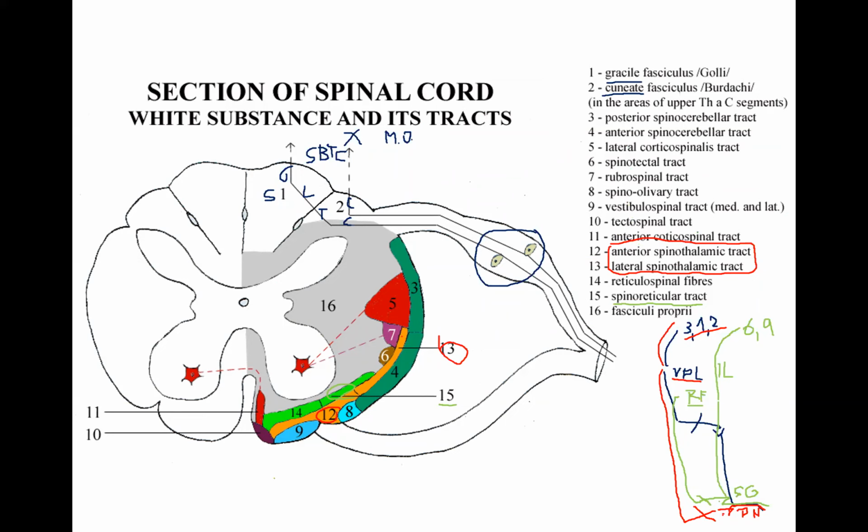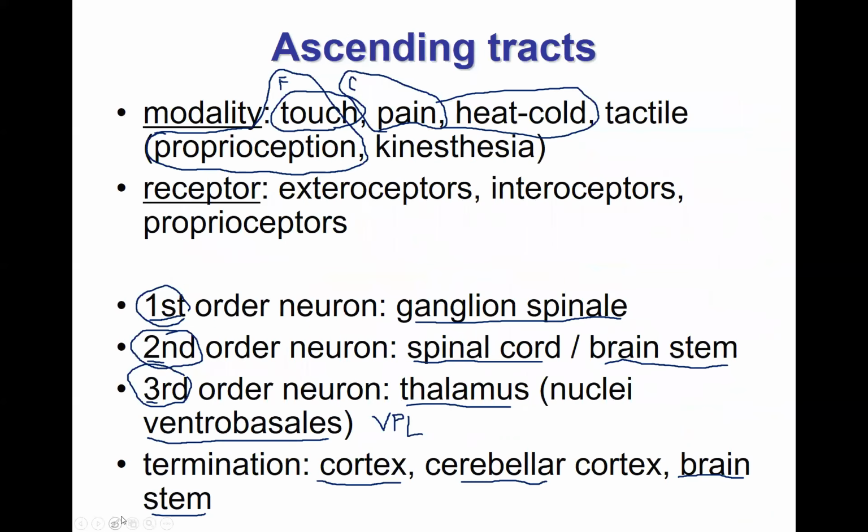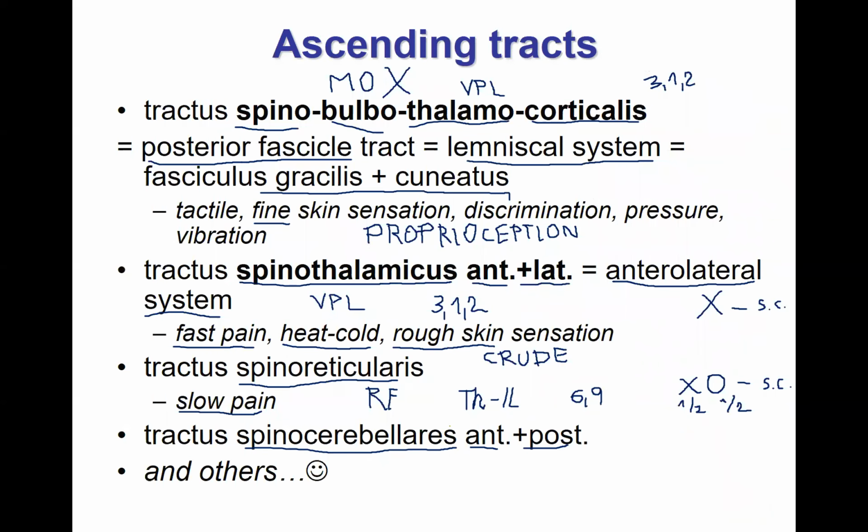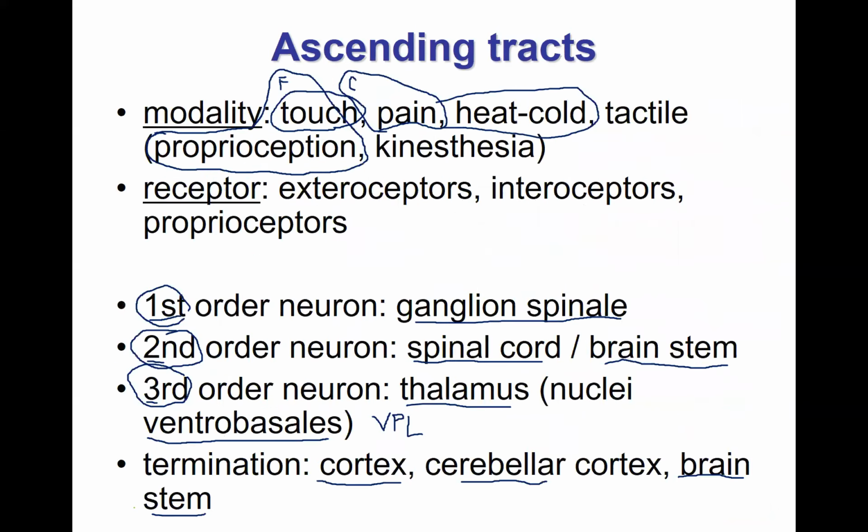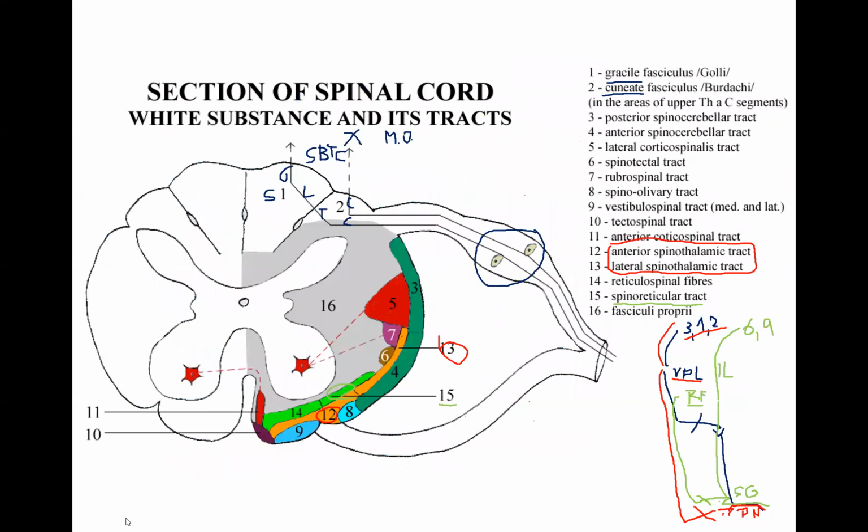Well, and the last ones are the spinocerebellar tracts, anterior and posterior. We can see them here, on the side, number 3 and 4, anterior and posterior spinocerebellar. And they go up to the cerebellum. Where are they synapsed?